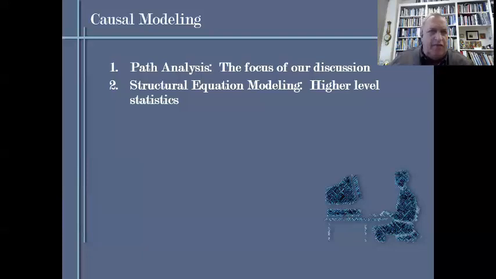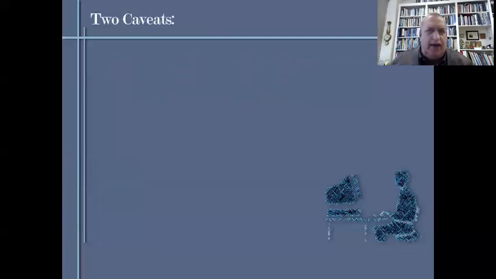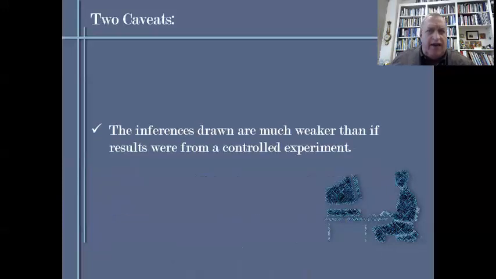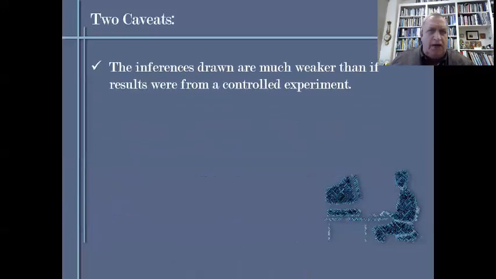Within that idea of path analysis, we need to understand 2 caveats. First of all, the inferences drawn are much weaker than if the results were from a controlled experiment. We build a theoretical model based on literature and theories that have already been proposed.